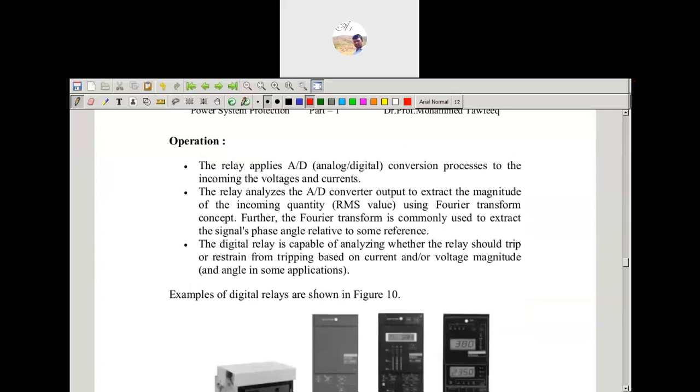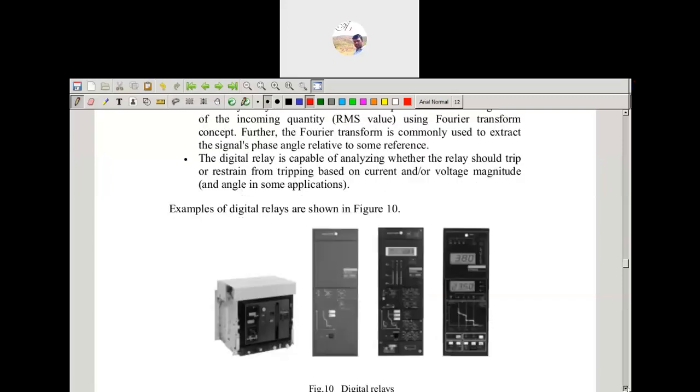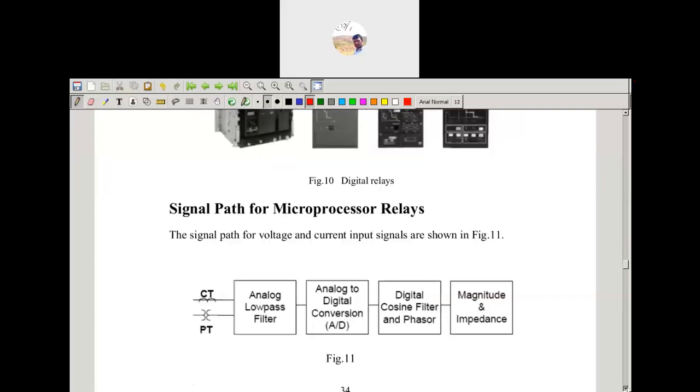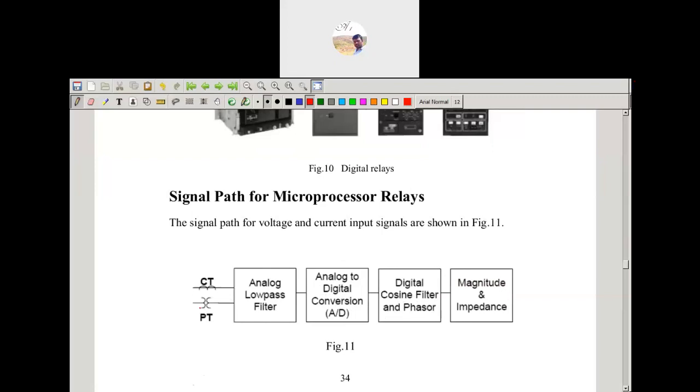If there is a variation in the input signal, then the output at the digital to analog conversion will be given at the output side and given to the trip contact. Here you can see the CT and PT analog low pass filter, analog to digital conversion, then digital filtering, and the magnitude and impedance will be compared.